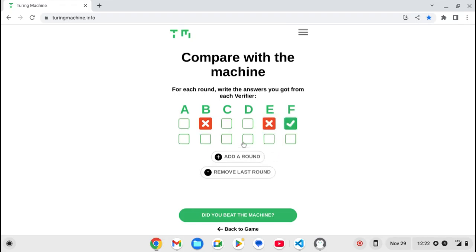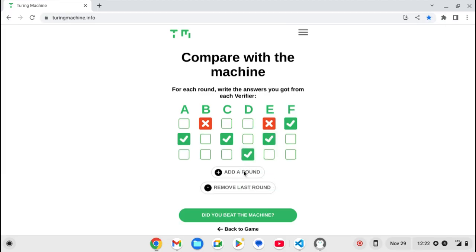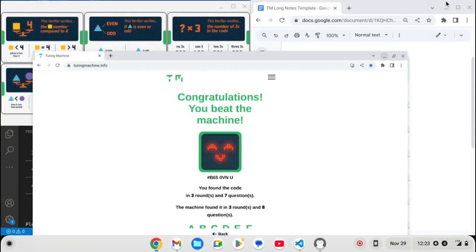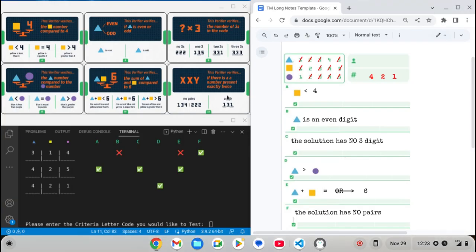F was correct. We did A and C. We skipped D, but we retested the sum of the first two, and then we did D. Okay, wow, so we still beat the Turing Machine by one question. What fortune is that? That's great.